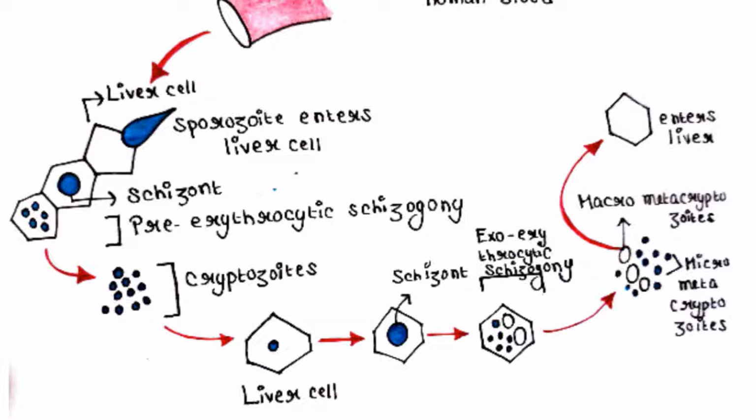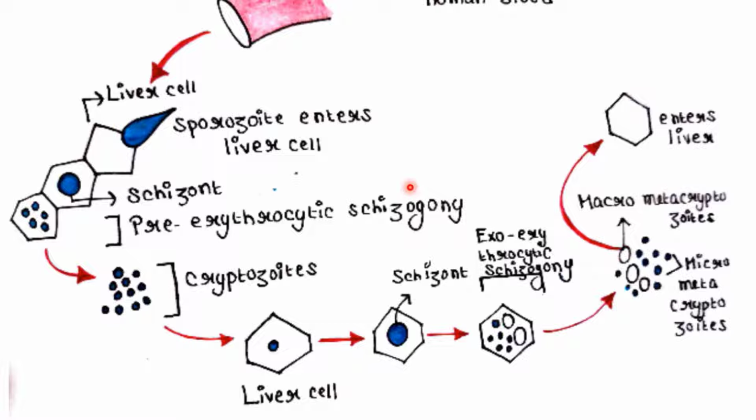Then the schizont starts to multiply by the process called multiple fission. This process is also called schizogony. Why schizogony? Because the schizont undergoes division, hence schizogony.